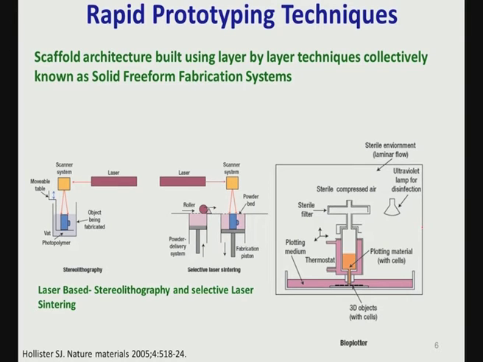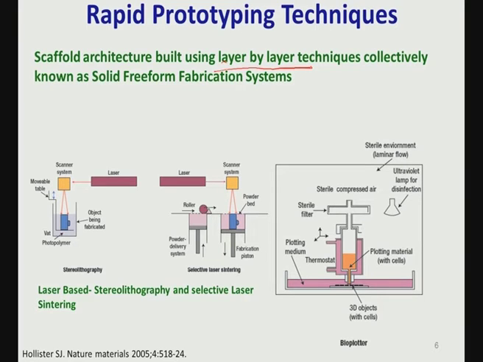Now coming back to the rapid prototyping technique, the fundamental definition of rapid prototyping must include layer-by-layer deposition. That is the generic description of whatever rapid prototyping technique you are using, whether it is for scaffold fabrication for biomedical application or for structural applications like a dense, non-porous component.